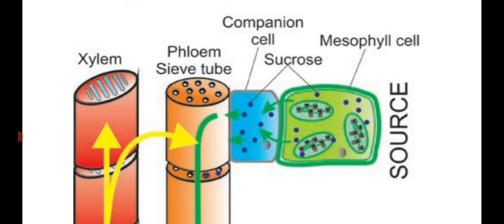The starch is converted into simple sugar. These sugars are transported to one of the phloem components known as the companion cell. From that companion cell, they are transported to another phloem element, that is the sieve tube.